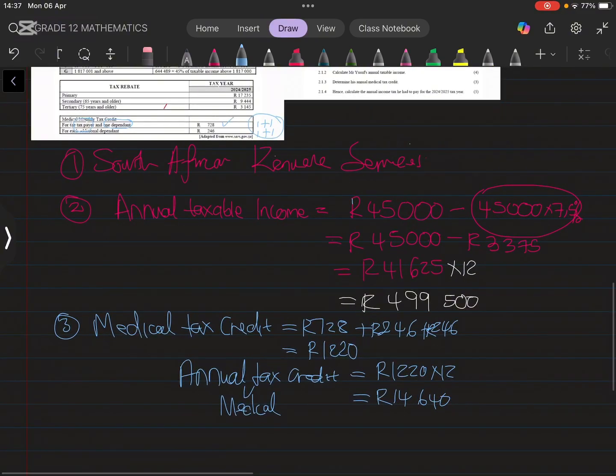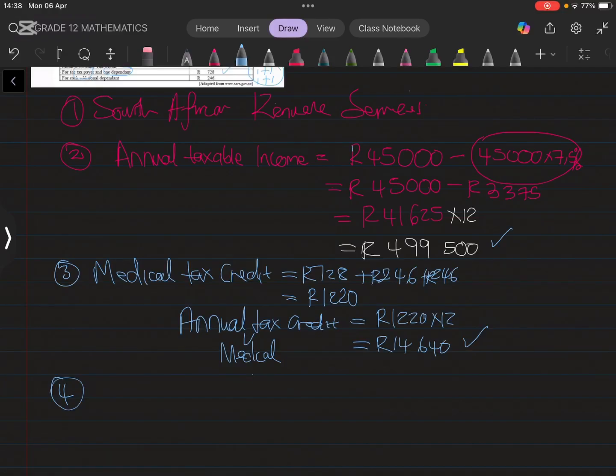Okay, so now, based on what you got above, calculate the annual taxable income of Mr. Yusuf. We now have his taxable income, the amount of money they're going to charge him tax based on, and we have the annual medical tax credit, and we also need to get the rebate. Let's go to number 4.